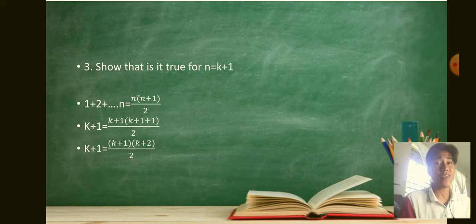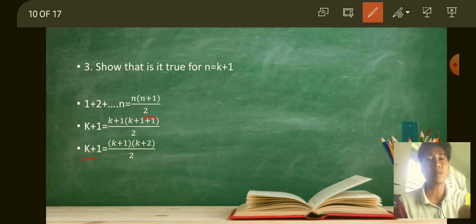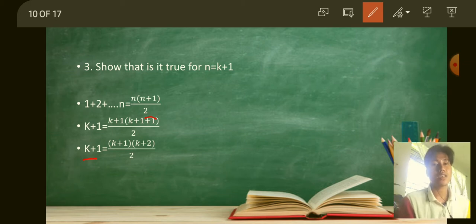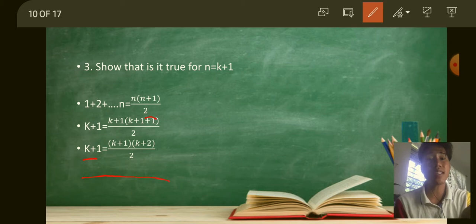We simplify that, and it becomes k plus 1 times k plus 2 over 2.